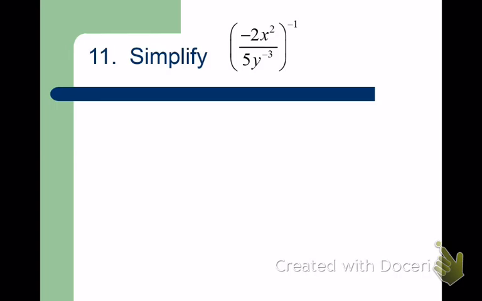What about this guy? Take a second, come up with something, start the video, and check your answer. Okay, so first off, our fraction has a negative exponent, so flip everything over first, and then worry about moving negative exponents.